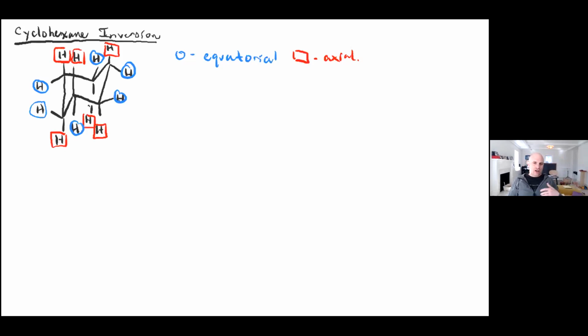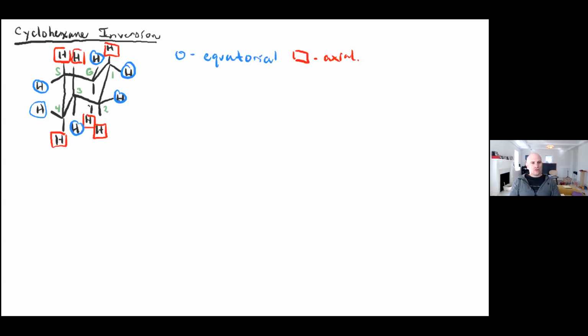In the chair inversion, all of the equatorial substituents become axial and vice versa. Let me number carbons so you can follow this. All right, and then I'm going to draw the chair flip product.